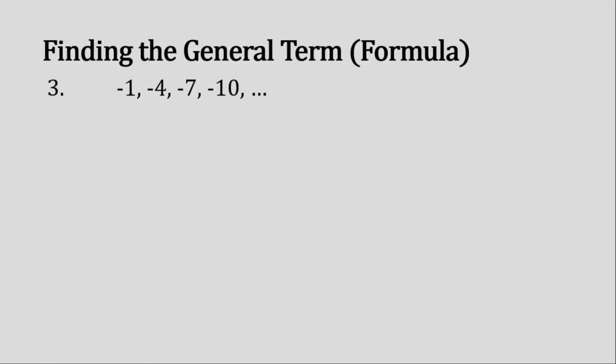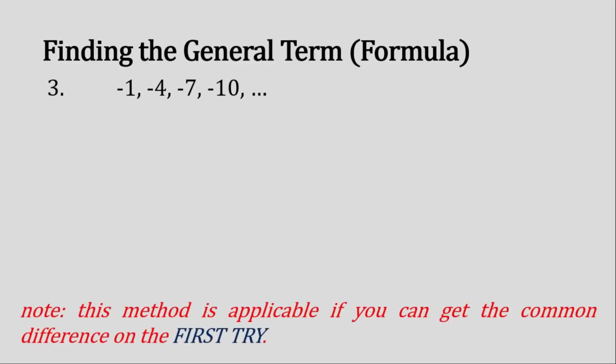Last example for this kind of problem. Given the sequence -1, -4, -7, and -10. Again, let's try to check first if we can get the common difference on our first try. So let's do this. We have -4 minus -1. That would be -3.